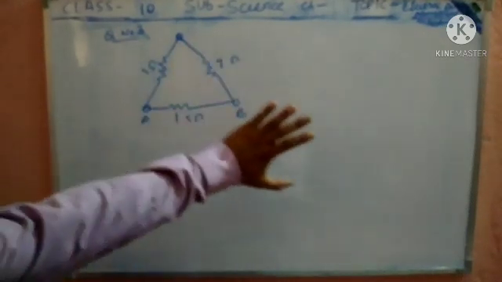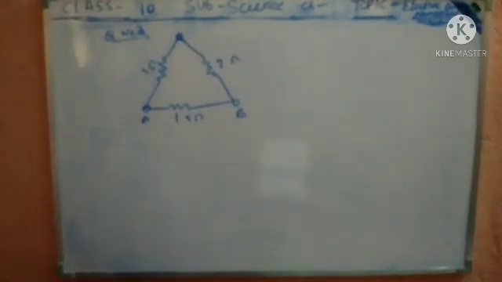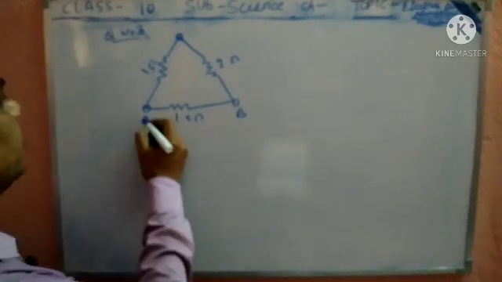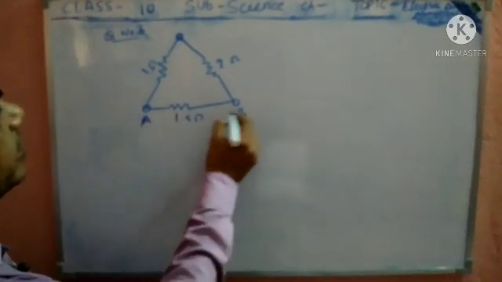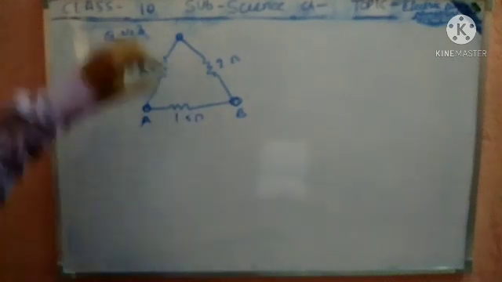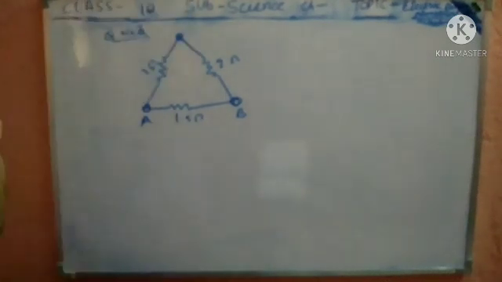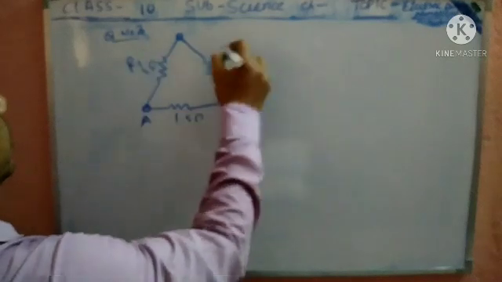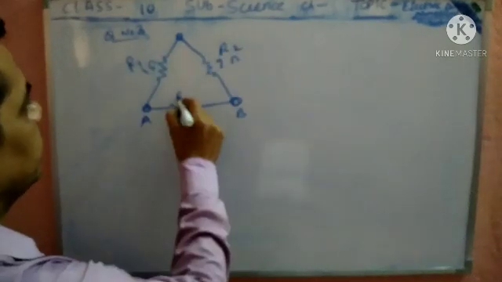For these types of circuits, to find the resistance, check the two points A and B. Name the resistances R1, R2 and R3.